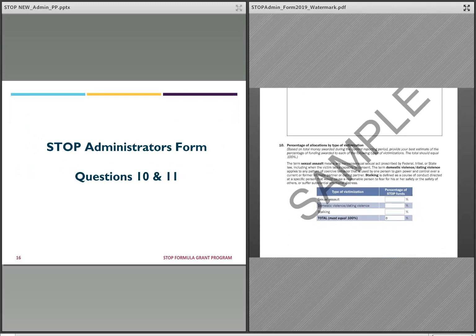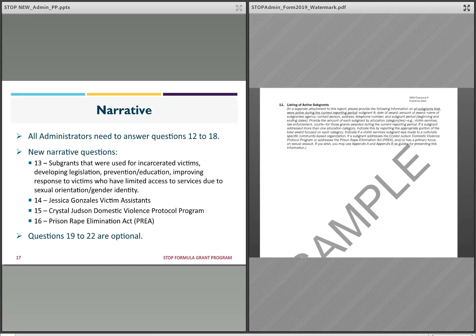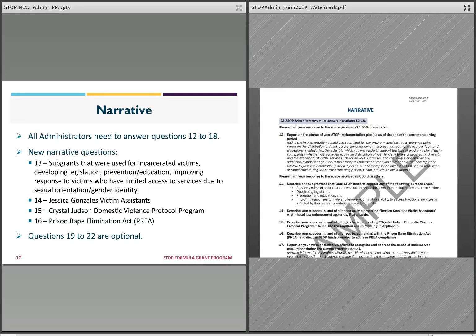In question 10, report the percentage of allocation types by type of victimization. And in question 11, it asks you to attach a separate document to this report providing information on all active subgrants for the current reporting period. The last portion of the staff administrator's form is the narrative portion.